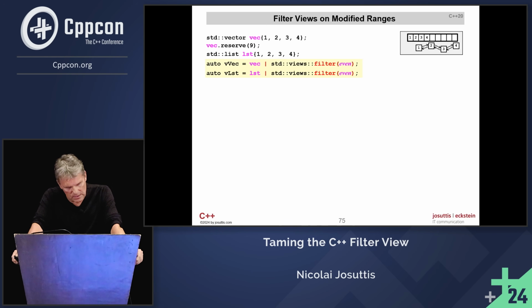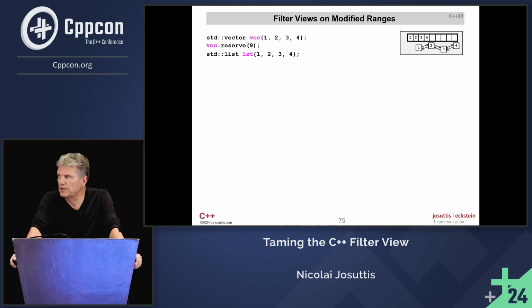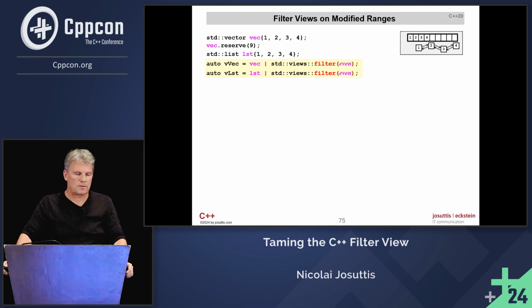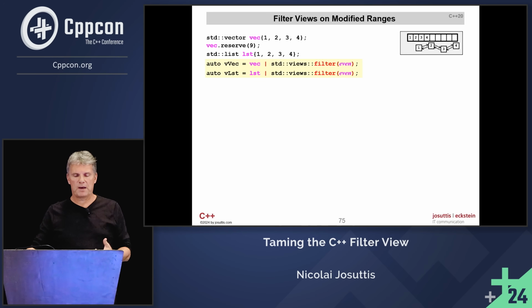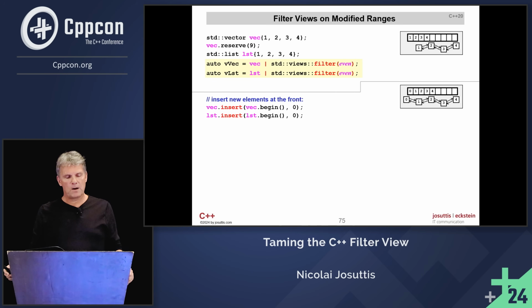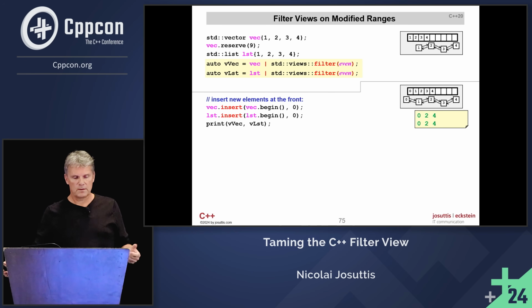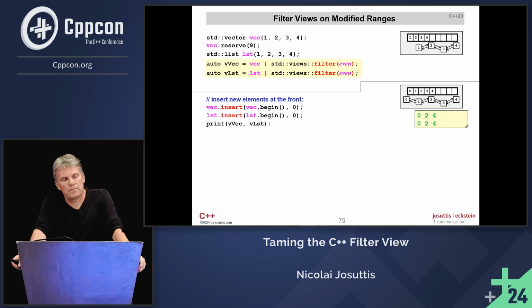I call reserve to make sure I don't have a reallocation for the vector. Now let me define vector piped into a filter, list piped into a filter. Now insert something new at the beginning of both. Now let's print out the values. It works. Awesome. So we print vector piped into filter, list piped into filter. That's 0, 2, 4 in both cases.